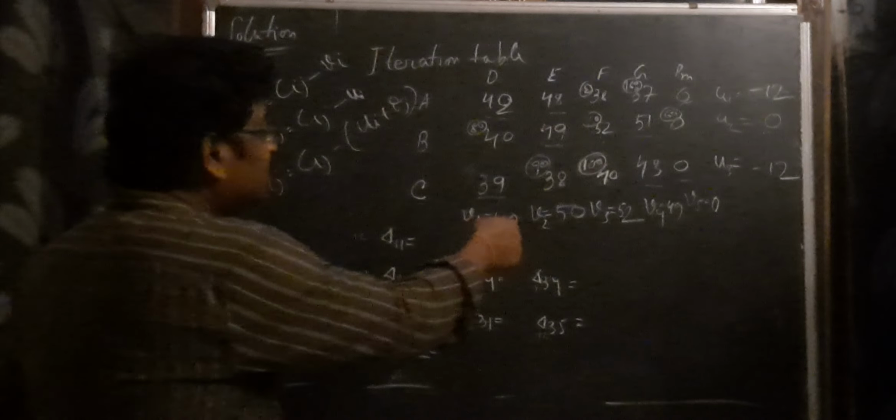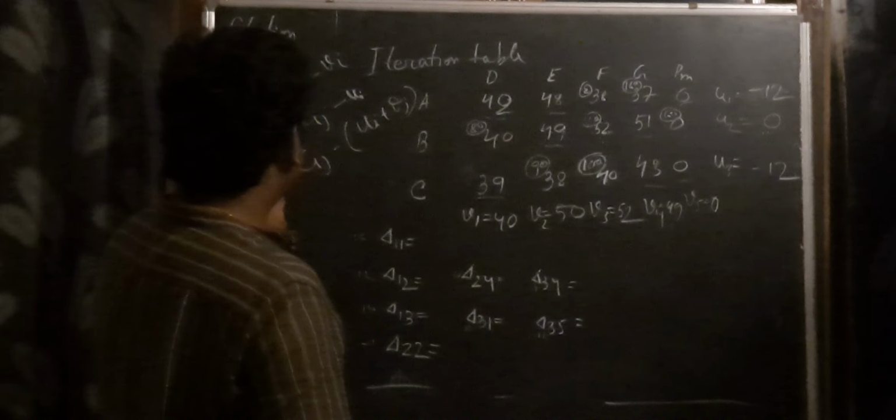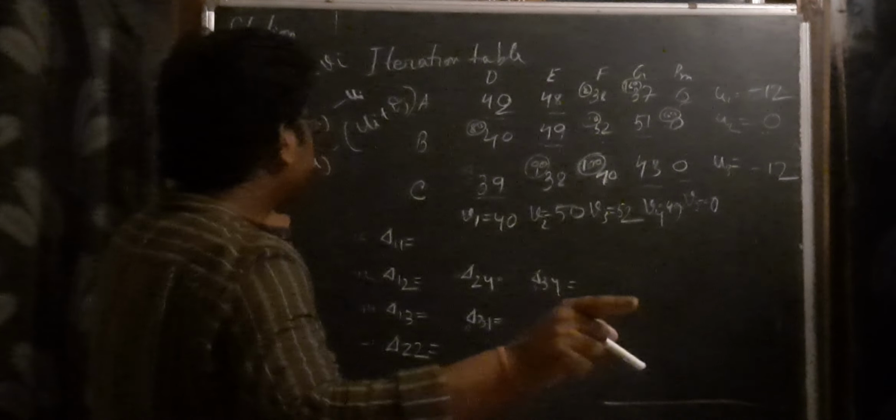And by using these values, we can easily find the del ij, that is the values for the empty cells.